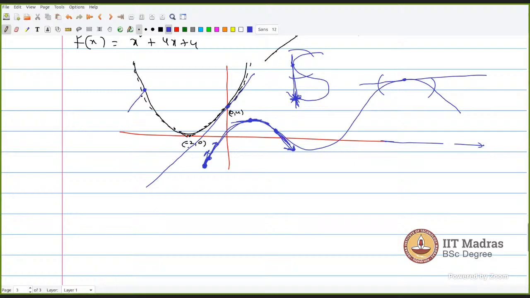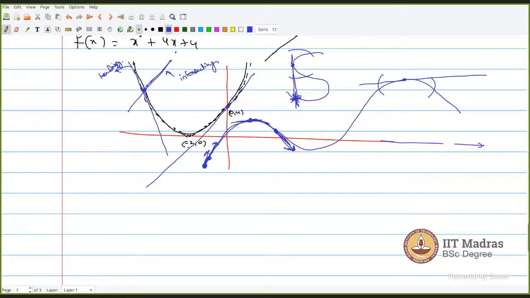This line is an intersecting line. Touches means it should not intersect, it should actually touch like this. This line is touching, and this particular line is called the tangent line.